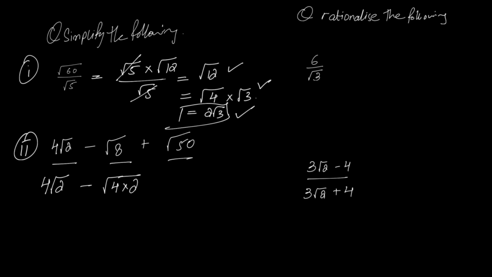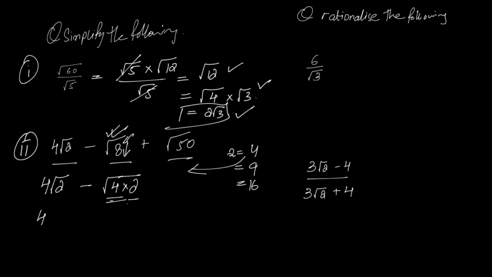Because firstly, when we get a square root, we see what is the greatest possible square that we can fit in, which is also a factor of this. So for example, we have root 8. So I say that the squares are: of 2 the square is 4, then of 3 there is 9, then of 4 there is 16. So I can fit 4 here, okay, and 4 is also a factor of 8. So okay, 4 into 2.